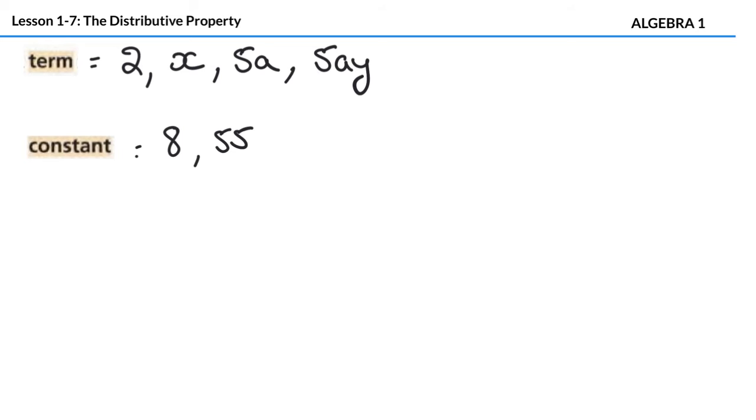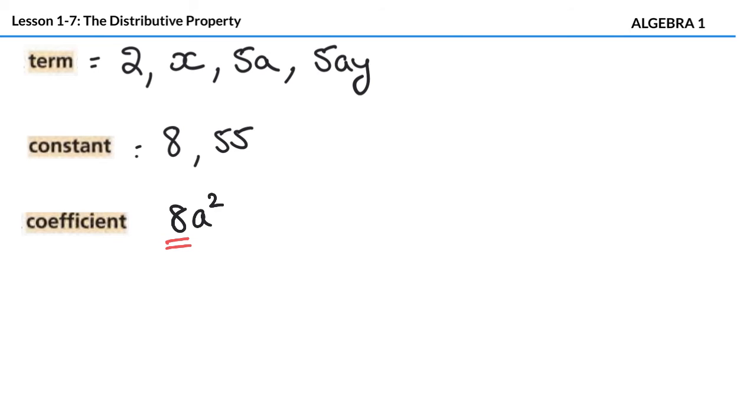Now, what is a coefficient? A coefficient is a numerical factor of a term. For example, 8a squared. Is this a term? Yes, because we know that a term is a product of a number and a variable. Now, what is the numerical part of this term? 8. So we say that 8 is the coefficient of a squared.